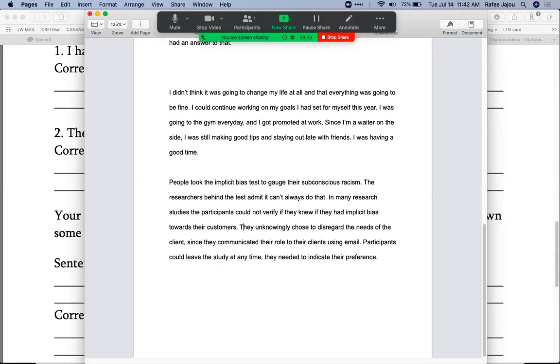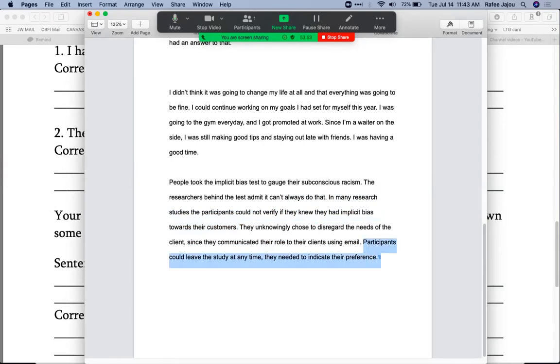There we go. They unknowingly chose to disregard the needs of the client since they communicated their role to the clients using email. That's clear. In many research studies, the participants could not verify if they had implicit bias towards their customers. Okay, we don't need that second if there.